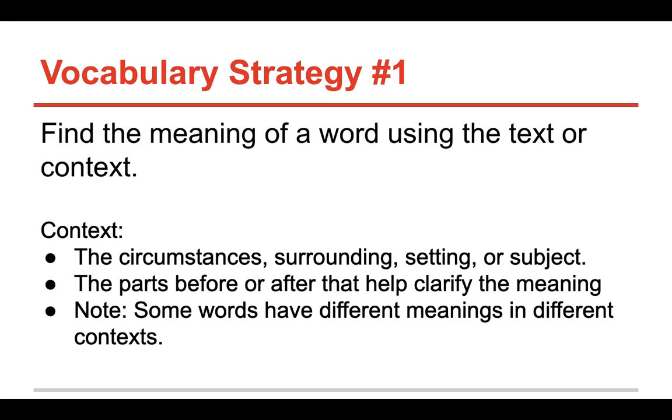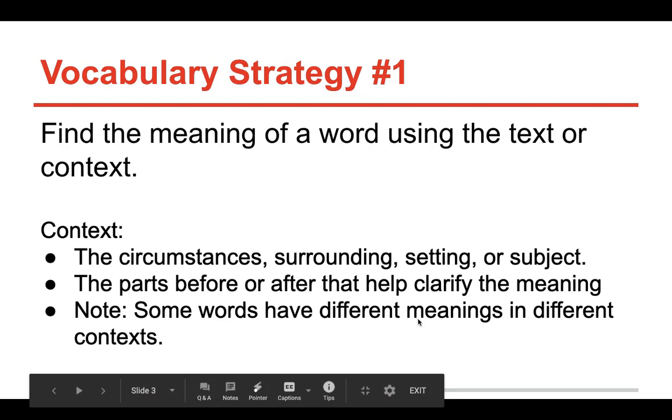The classroom is the context, or your home is the context, or the chapter in the book is the context. Here we are referring to context as the parts before or after that help to clarify the meaning, so the words, the sentences, the paragraphs before or after that help us to understand the meaning of a word.